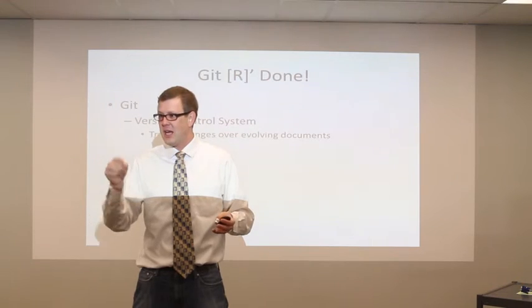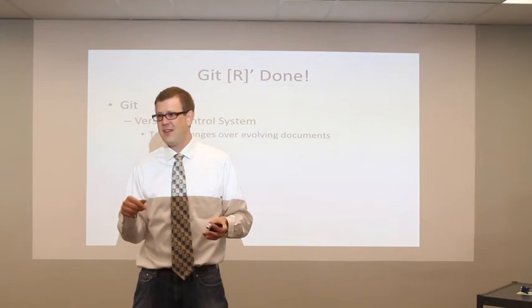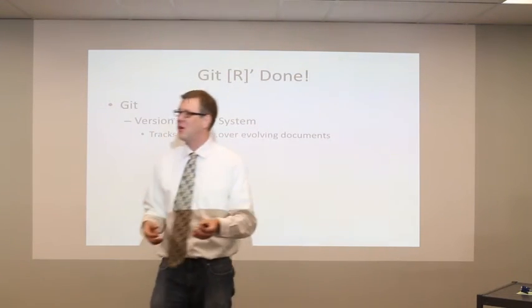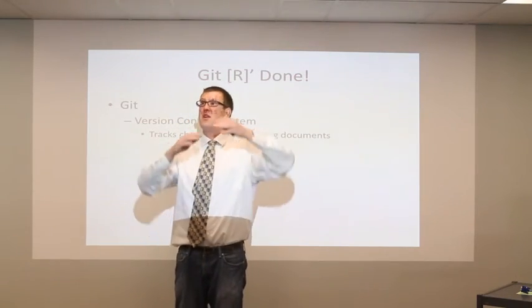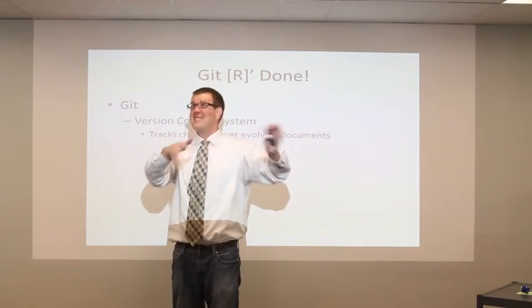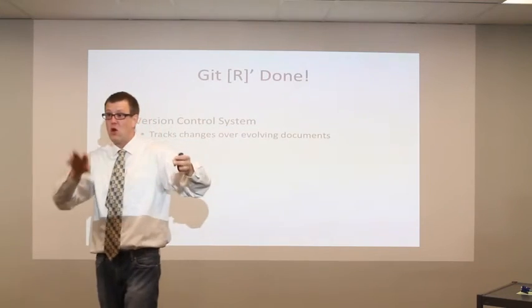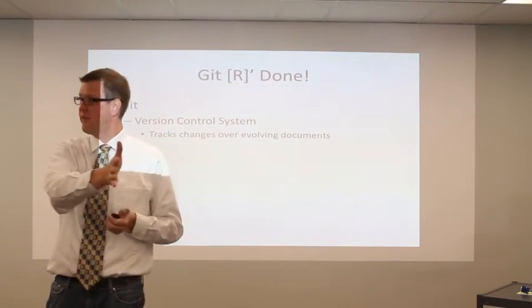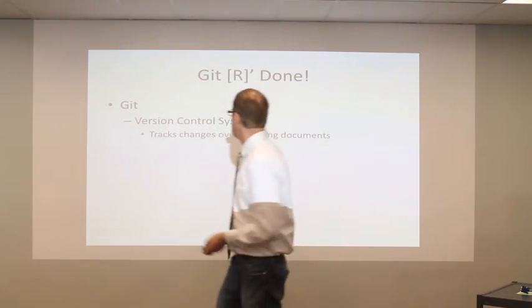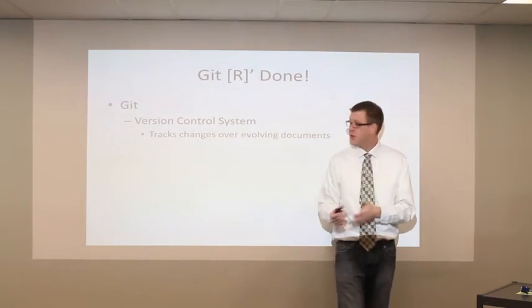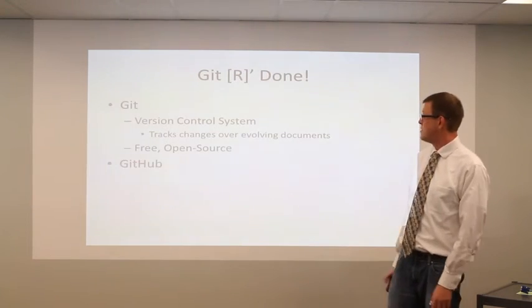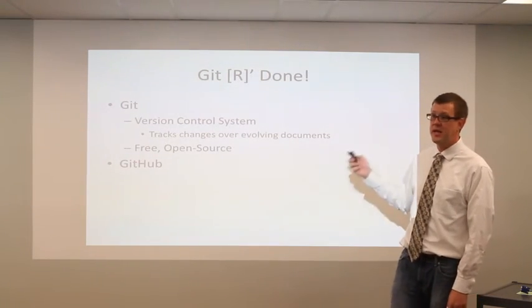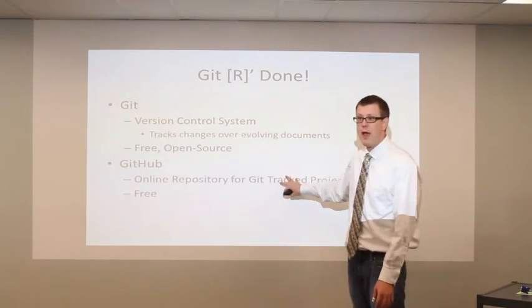And then I would hit close and I forgot to save the file, or maybe I saved the file but then later wrote over it accidentally. If I had Git installed, I could have gone back to the earlier version that I had saved. So this is great for tracking changes. It's free, open source. GitHub is an internet repository for Git-tracked projects.